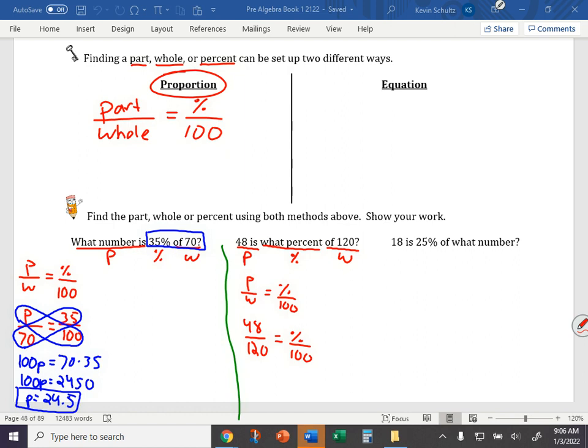So same formula used in each of these, but the process is going to be, where the numbers go is different because we're given different information. How do we solve this now?